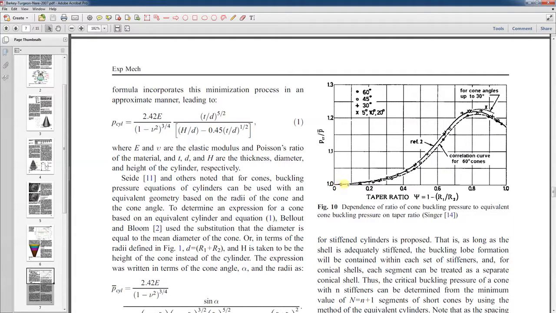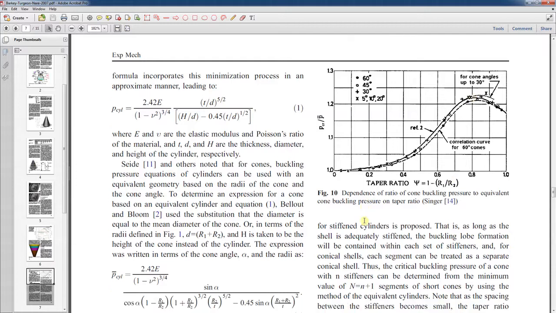So you have a correction factor that you can apply to this that can be up to a little over 1.2 times the cylinder buckling pressure, depending on this taper ratio. Now, the cones that I tested had a taper ratio of about 0.8, so it was way up here in this region, a little bit over 1.2 for the correction ratio.